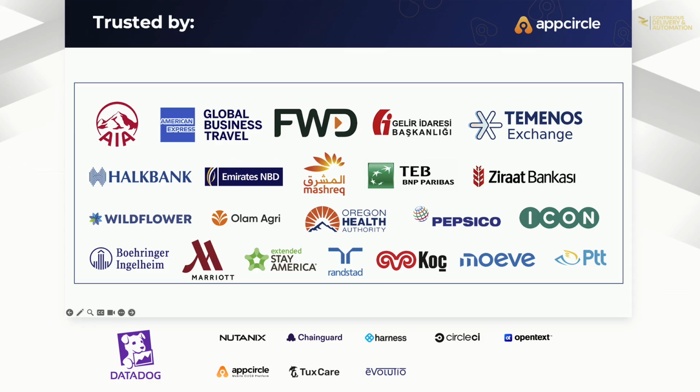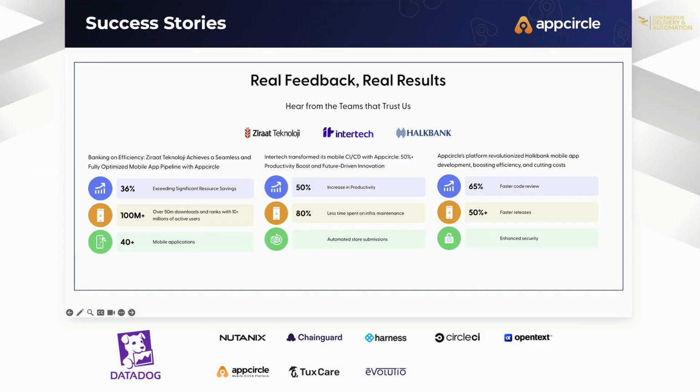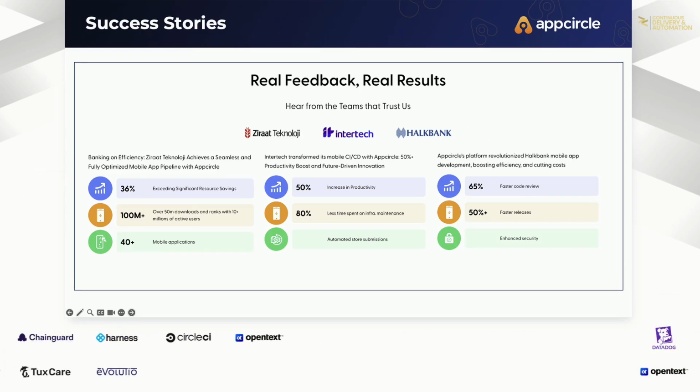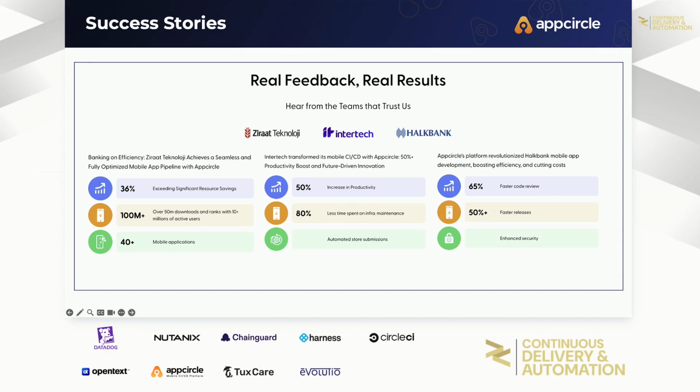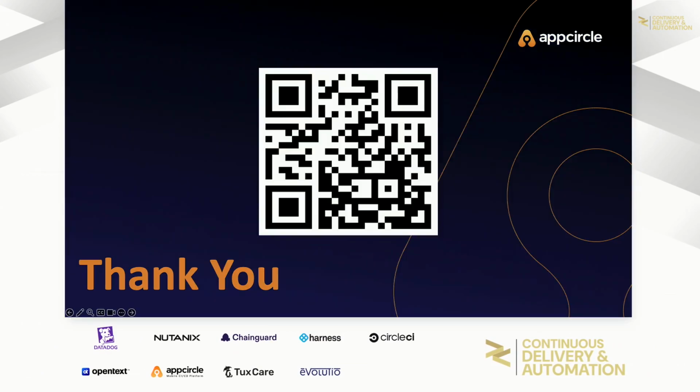We serve almost every single industry, because it's okay to have only one mobile app in the pipeline. Then we can help. And these are some feedbacks from customers in different areas. As you can see, there are huge increases in efficiency and other areas. So thank you very much.